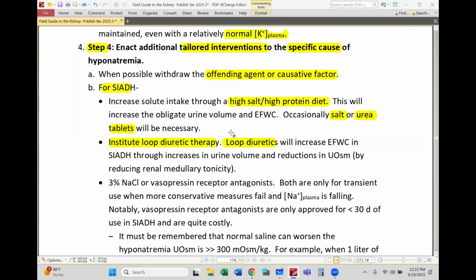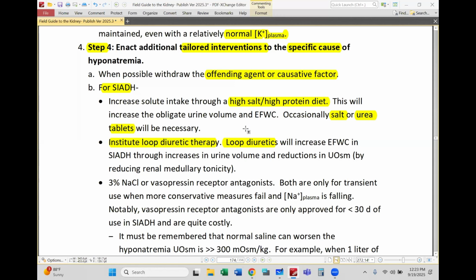right? If I volume contract somebody with loop diuretics, I may increase ADH release, right? I may also, we've gone over this, increase free water reclamation in more proximal segments of the nephron. And that would reduce my serum sodium if I did both of those things.